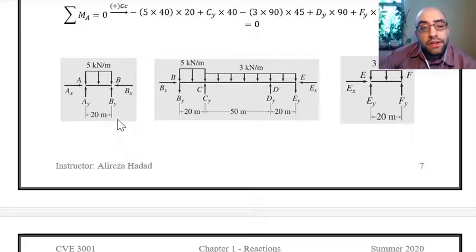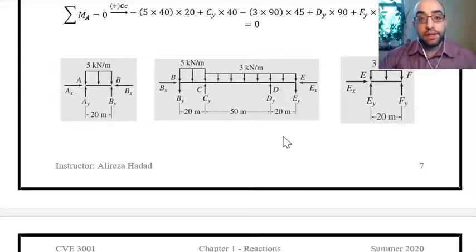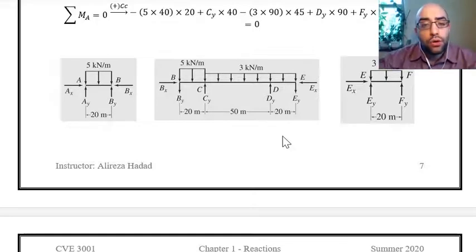So I could find the reaction at A, I could find the reaction at F, and now there are two unknowns as reactions at points C and D. For finding these, I can pick from two ways of solving the problem. Looking at the total problem, or the total equations of equilibrium that we wrote at first, or I can look at segment BE.